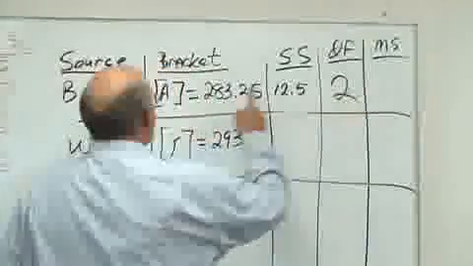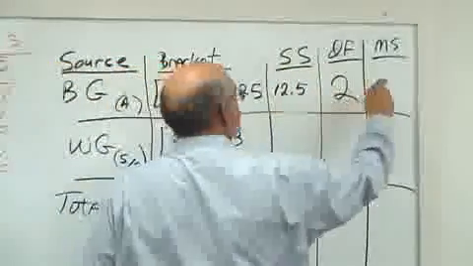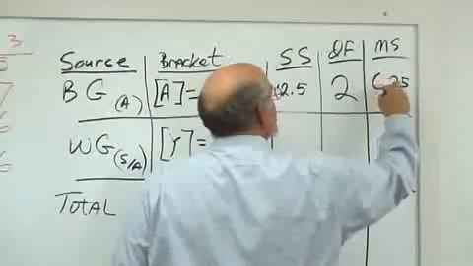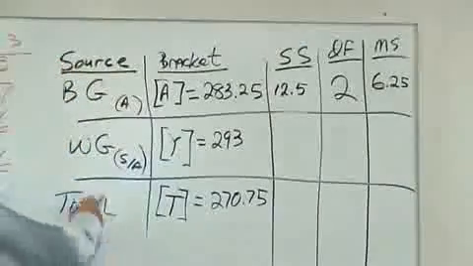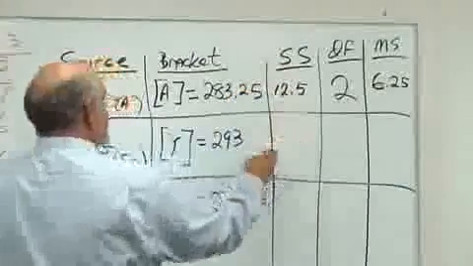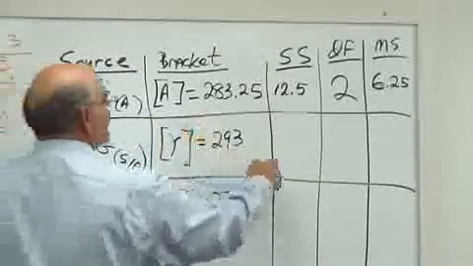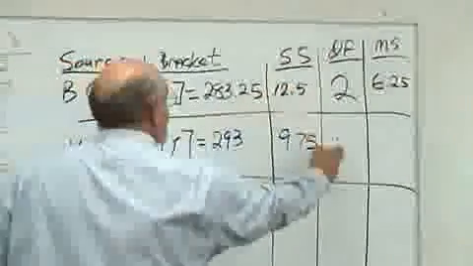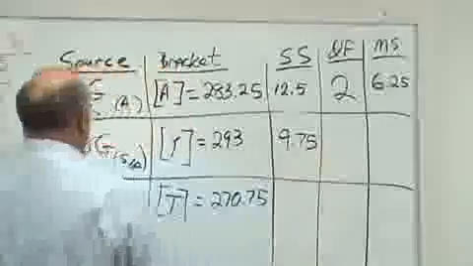The mean square for the between groups is the sum of squares divided by the degrees of freedom, and that looks like 6.25. The within group sum of squares is Y minus A. That looks like 9.75. The degrees of freedom for the within group is A times N minus 1.